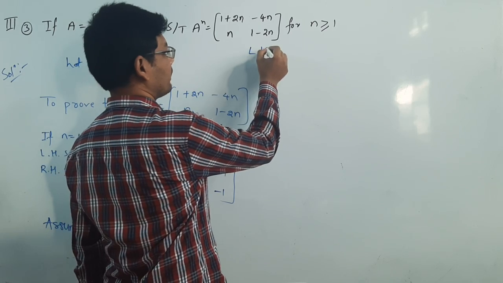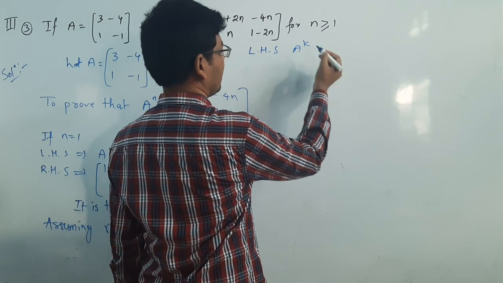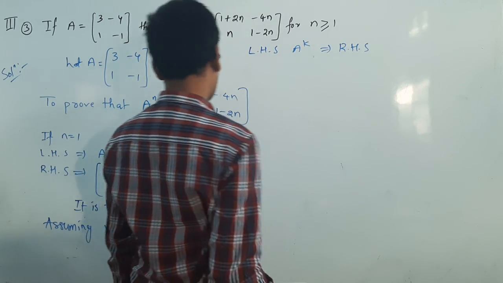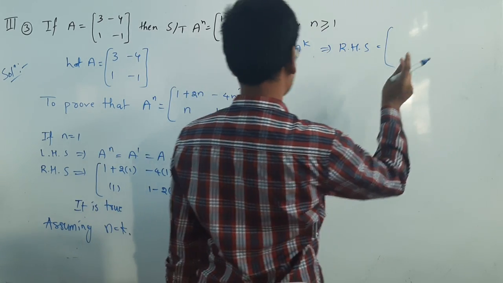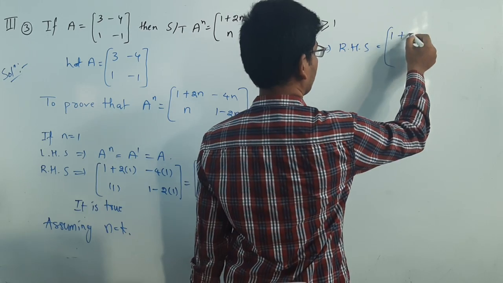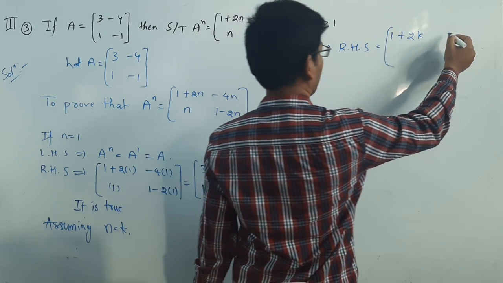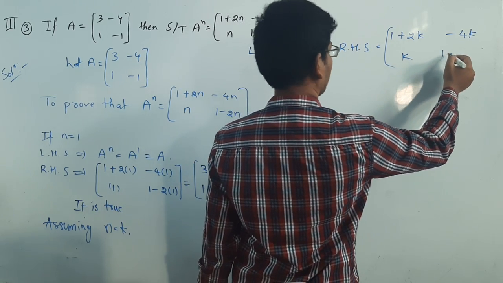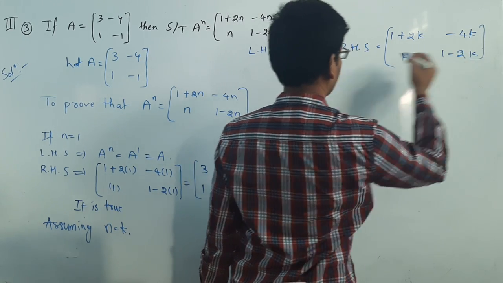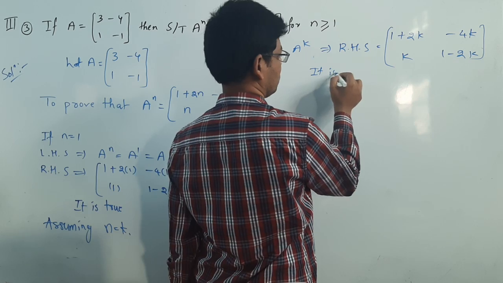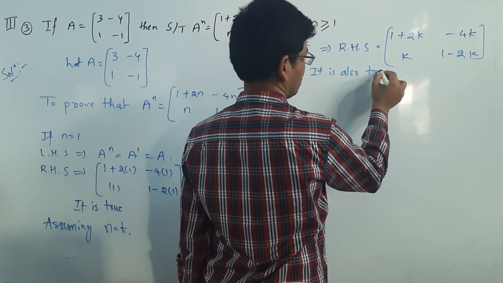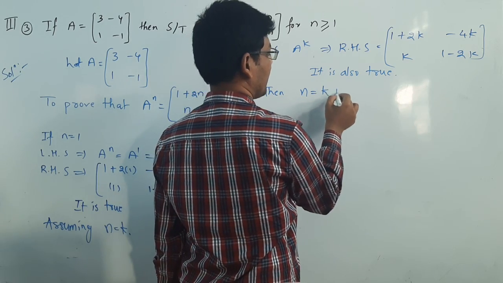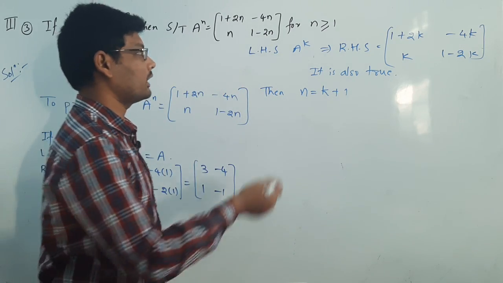LHS will become A to the power of k, and RHS will become [1 + 2k, -4k; k, 1 - 2k]. It is also true. Then n is equal to k plus 1, I am taking here k plus 1.